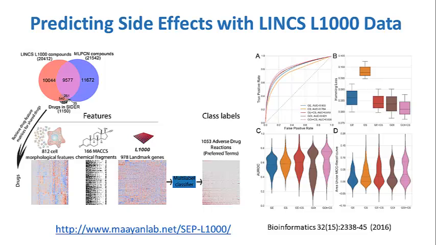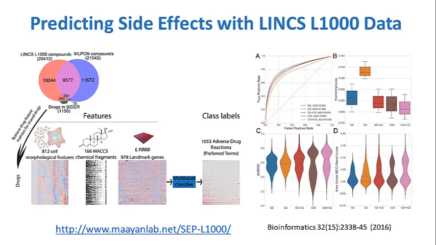Here, this matrix is from a project done at the Broad, where they treated cells with 20,000 small molecules, and then they took images of those cells and visualized them using a technology called cell painting.